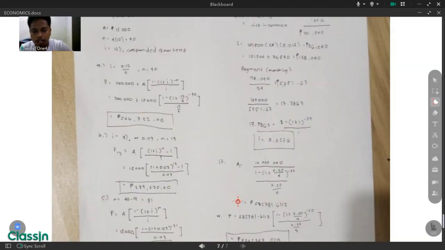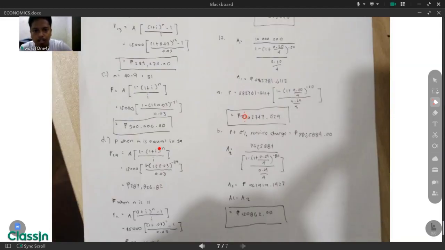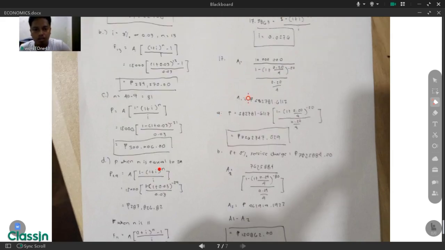Now, so what I did here is this. For A, we have 10,000,000 pesos. Then we find the payments per period. Calculating with P, and derived by the formula, we come up with this.